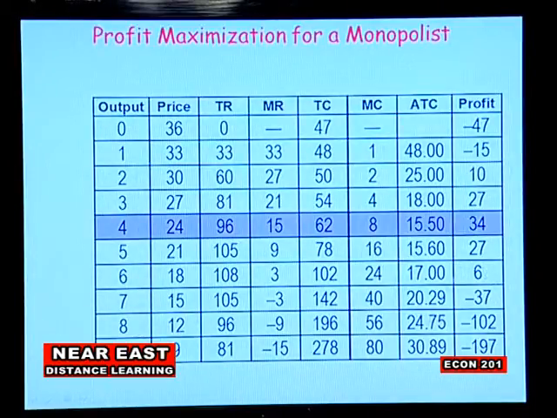So at output 4, the profit seems to be at its maximum. The monopoly will try to ensure that he produces goods and services that give him maximum profit. If the market is characterized by monopoly, then he will produce 4 units of output so that he makes his highest profit of 34.